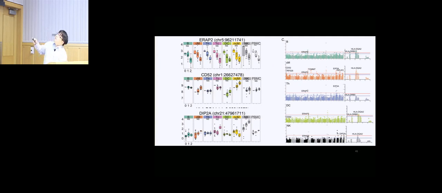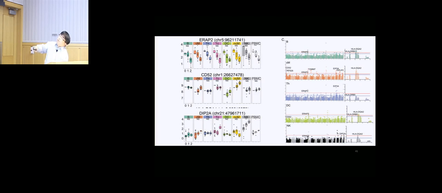And also for these cell type specific eQTLs, if you look at the distribution of expression levels by genotype, you do see clear differences. For example, this is ERAP2, which should be shared across most cell types, and they are showing similar patterns. But here in some of the cell types, the effect is not observable at all, and only in a subset of cell types can you observe the effect.